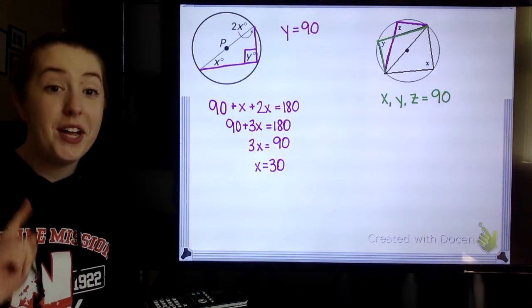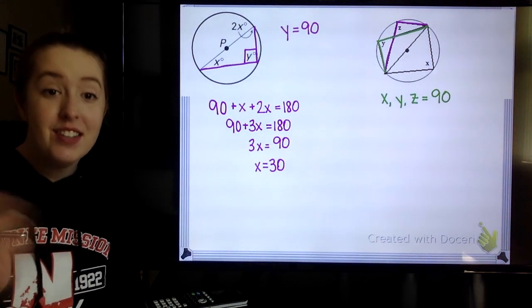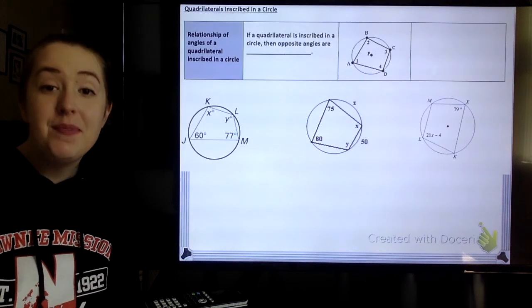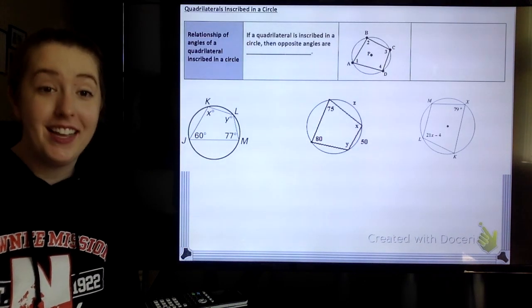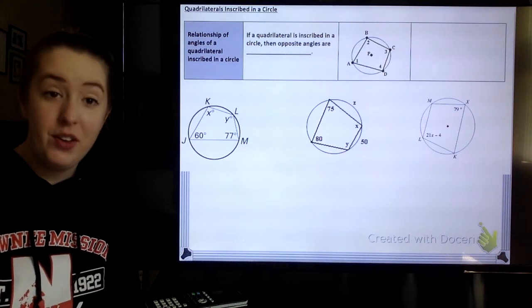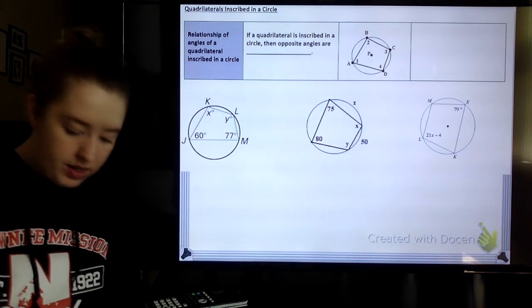One last thing to learn about inscribed angles. There's not only triangles that get inscribed inside of circles, sometimes we have quadrilaterals inscribed inside of circles. When we have a quadrilateral inscribed inside of a circle, opposite angles are supplementary.